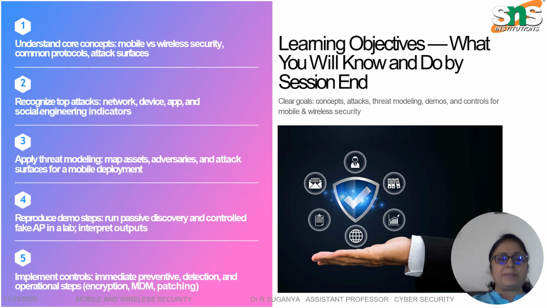Reproduce demo steps, that is, run passive discovery and control a fake app in a lab and interpret the outputs. And the fifth one is to implement the controls in immediate preventive, detective and operational steps. So these will be the main objectives.